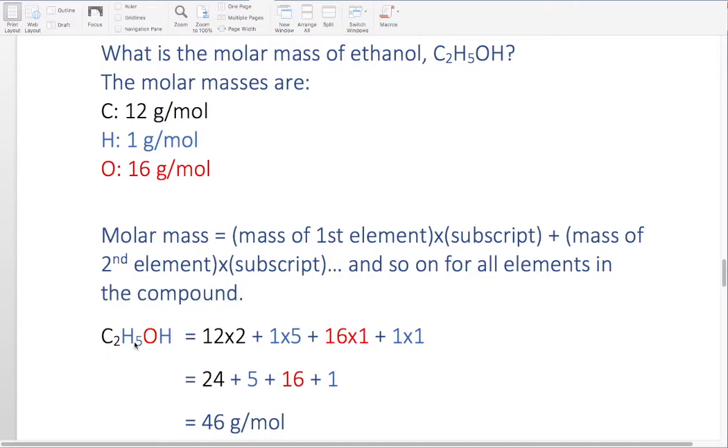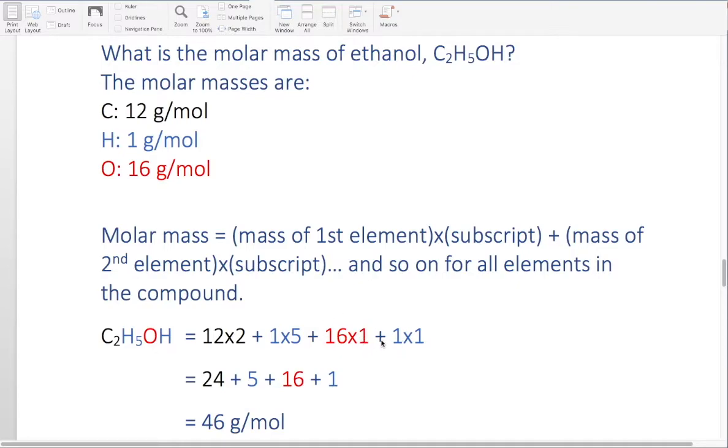So for C2H5OH, we're going to take 12, which is the mass of carbon, times 2. And then we're going to add 1, which is the mass of hydrogen, times 5, the subscript that's after it. Then 16, which is the mass of oxygen. If there's no subscript there, that means it's an implied subscript of 1.